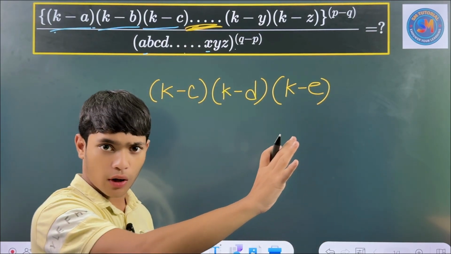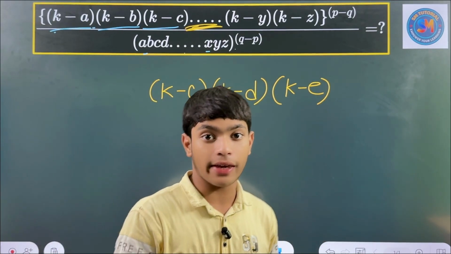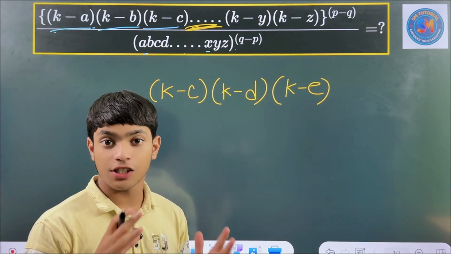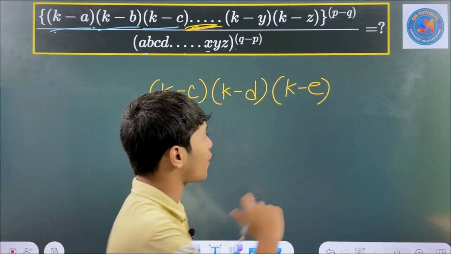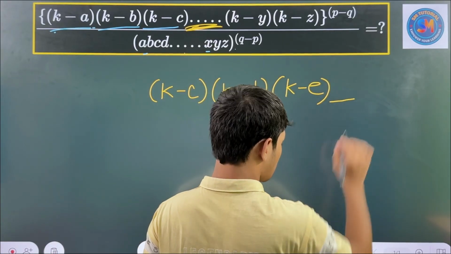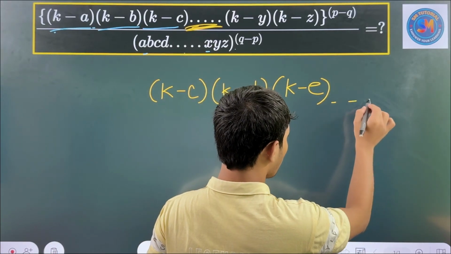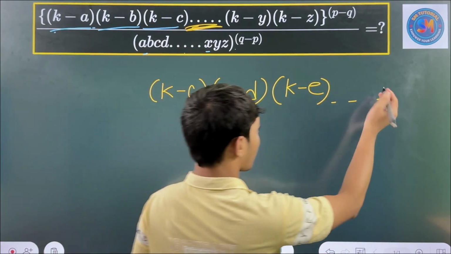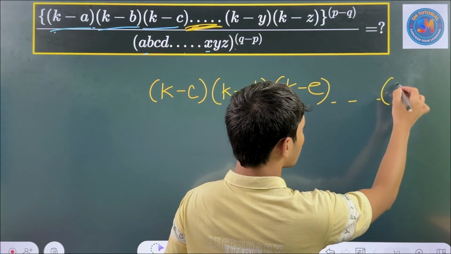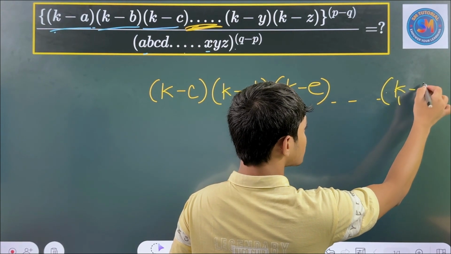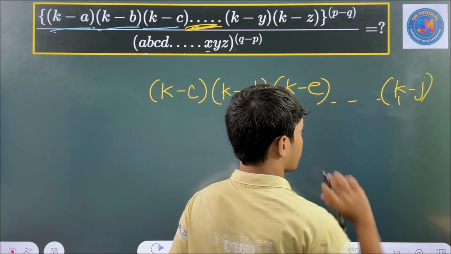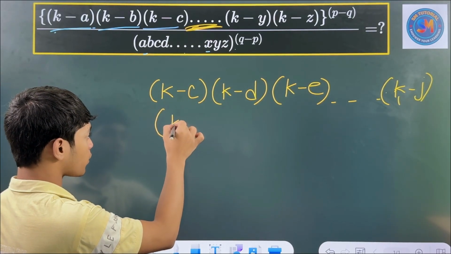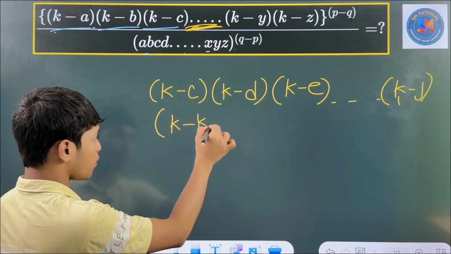In this way it goes on, with e, f, g, h, i, j, and here we reach k minus j, and then k minus k.